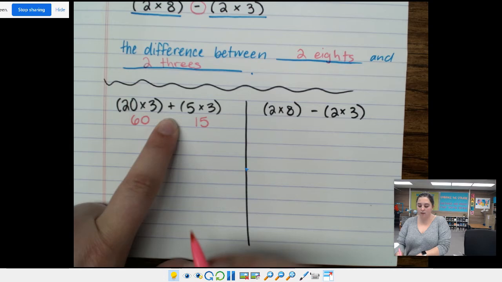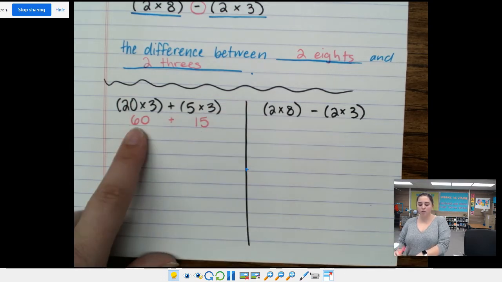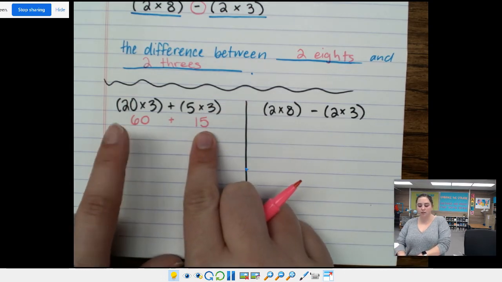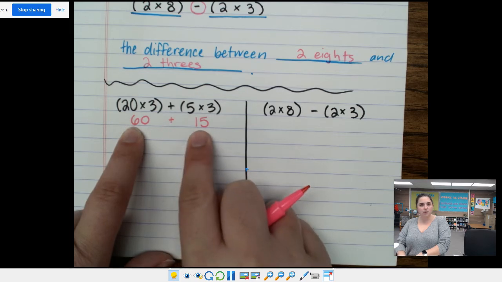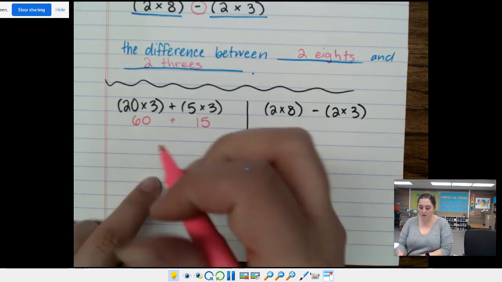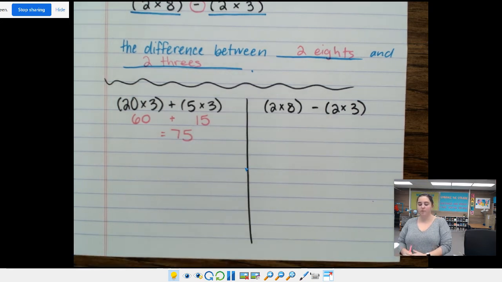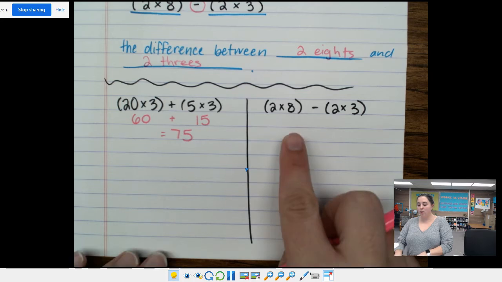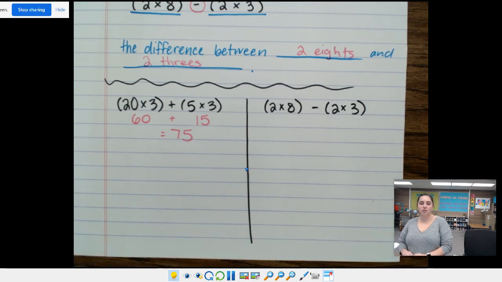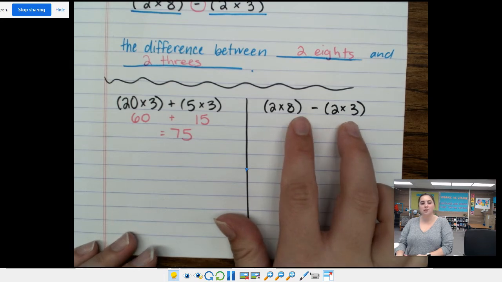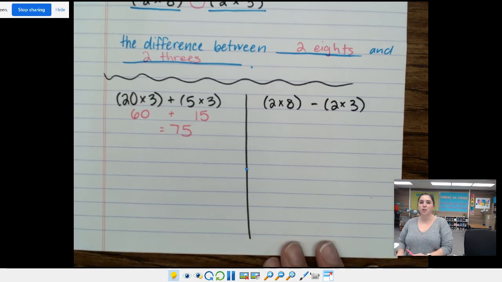Now we need to add those two answers. 60 plus 15 would be 75. Okay, I want you to try and solve this one first. So pause if you need time. Make sure you solve the parentheses before you do any subtraction.